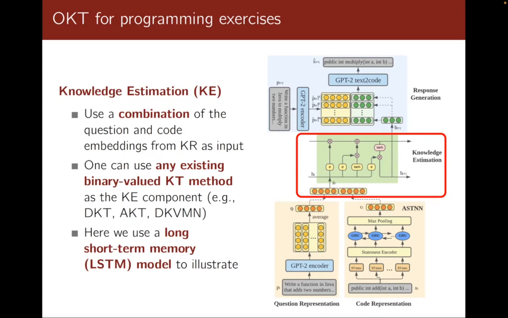So I'm not going to emphasize that, but basically it's kind of just an LSTM. It's just a recurrent neural network and many different variants of it. But basically you're just doing an iterative update at each time step after you observe one particular piece of student code. And that's also standard.